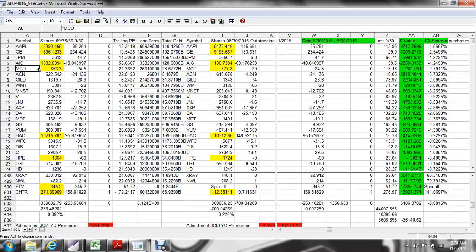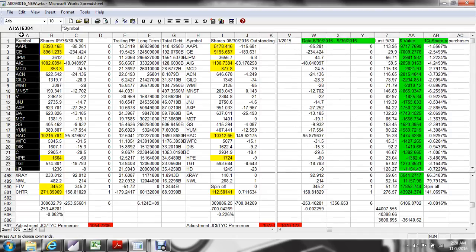We've got McDonald's here in the number 5 position, but the other two actually increased shares, and we'll look at them in a minute. You see, McDonald's spent $3.4 billion, and they have only reduced their outstanding shares by $2.8 billion worth of shares.